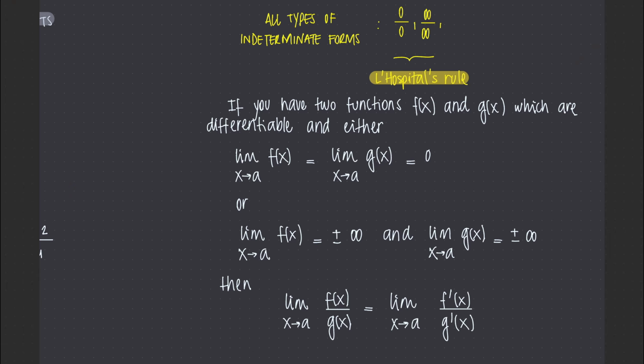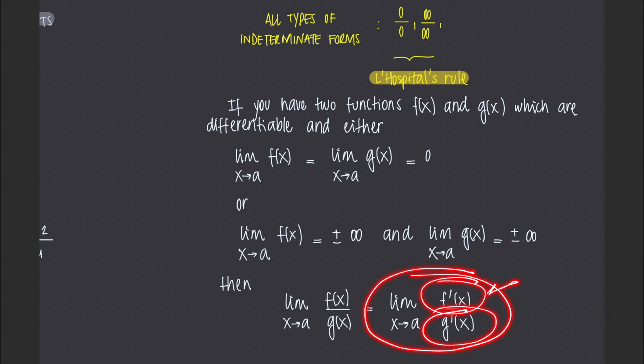Now, one thing to be very careful about is not to use the quotient rule when applying L'Hopital's rule. These derivatives are the derivatives of the numerator and the denominator, separately. So that's why we have the limit of f prime over g prime, not using the quotient rule.